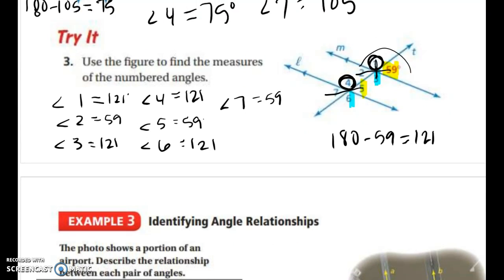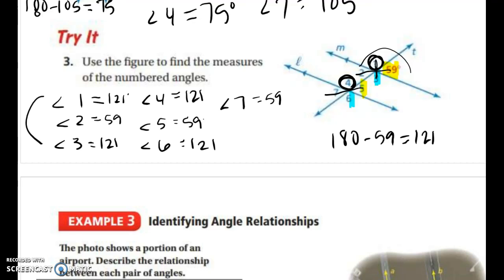So for angle 1, I got 121 degrees because I did 180 minus 59, and that gave me 121. Then using vertical angles, I found that angle 2 matched up with the given angle, which was 59 degrees. Using vertical angles again, angles 1 and 3 are vertical angles, so those two match.